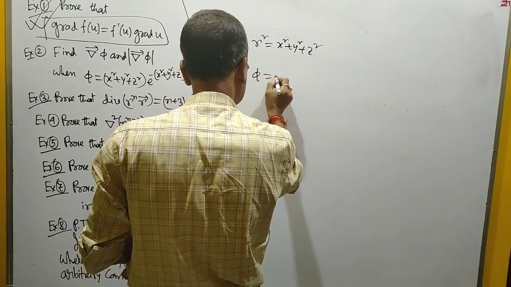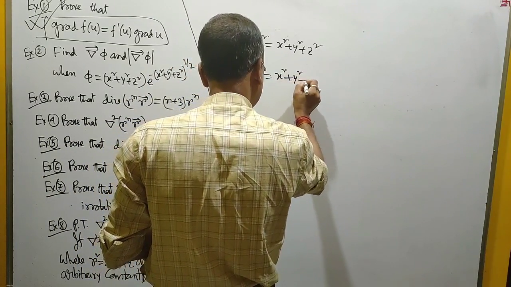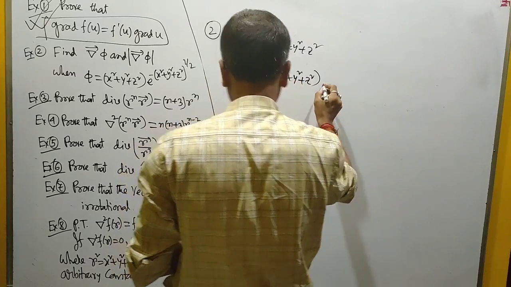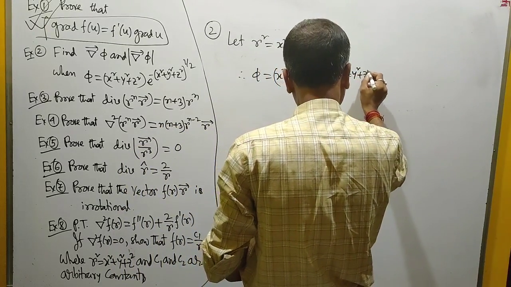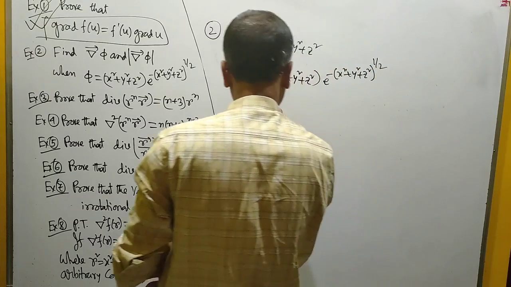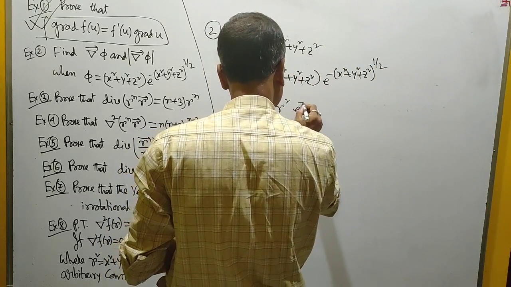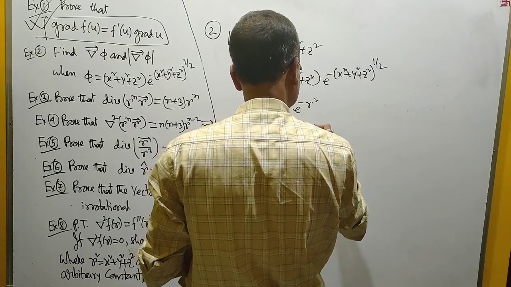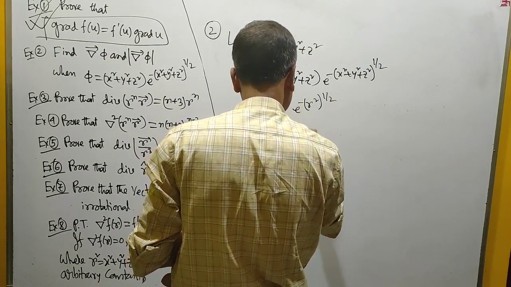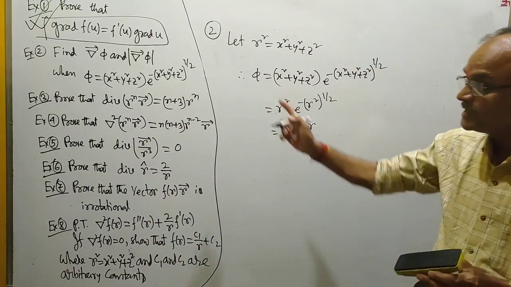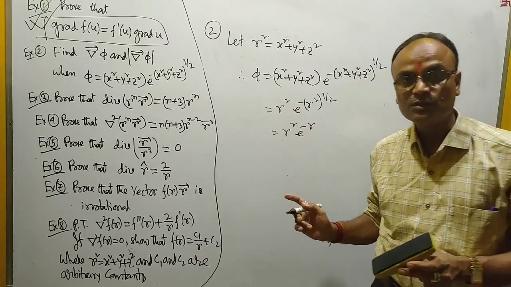Therefore, phi equals, it is given that, (x² + y² + z²) e to the power minus (x² + y² + z²) whole to the power half. This is equal to r² e to the power minus r.